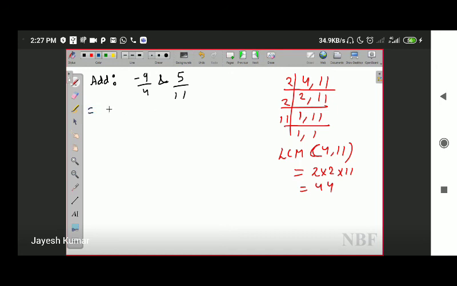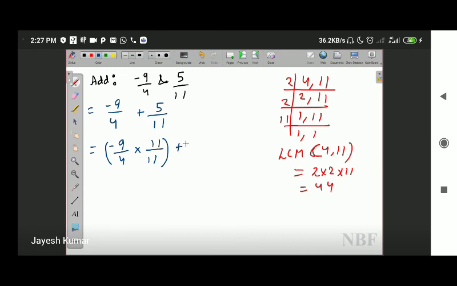So we will write it as minus 9 upon 4 plus 5 upon 11. Now what we are going to do is, we are going to multiply numerator and denominator. For minus 9 upon 4, we will multiply 4 with such a number so that answer is LCM. So what should we multiply with 4? That is 11. If we are multiplying denominator by 11, numerator should also be multiplied with 11.